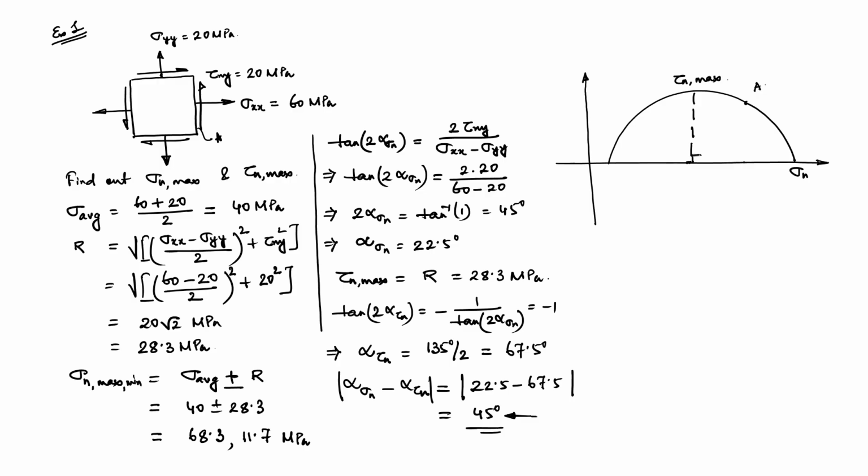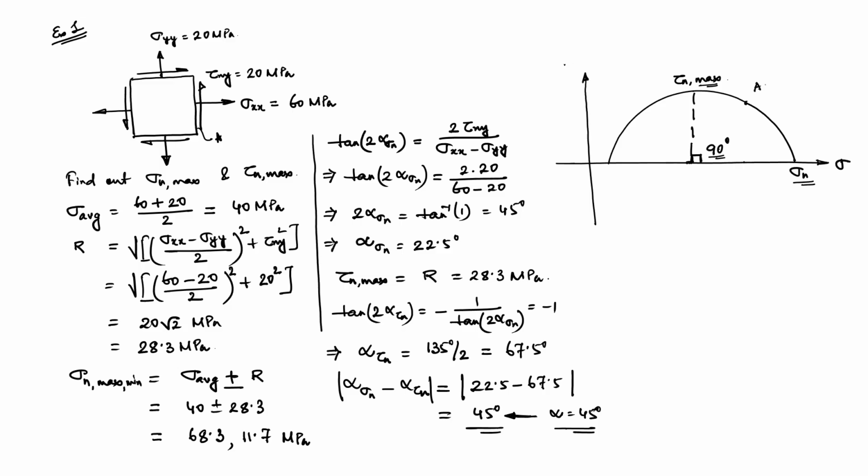Now, look at the angle between these two planes, this is 90 degree, and as you have earlier noticed, a plane in the original configuration of the 2D stress field is at an angle alpha. So, here alpha is 45 degree. In the Mohr circle, it will be twice of alpha, which is 90 degree, and we can see that the angle between the principal stress and maximum shear stress is 90 degree in the Mohr circle.